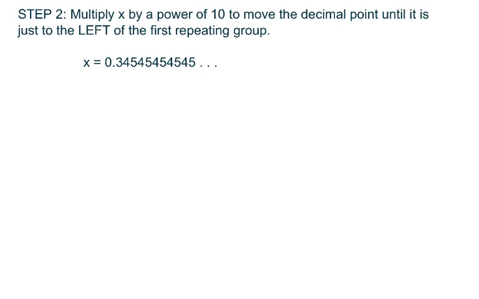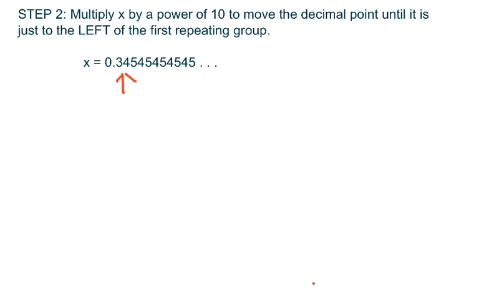Multiply x by a power of 10 to move the decimal point until it is just to the left of the first repeating group. Here's x from the previous step. What I want to happen is I'd like to move the decimal point until it's right there, between the 3 and the 4. So the decimal point is going to slide until it is just to the left of the first repeating group.